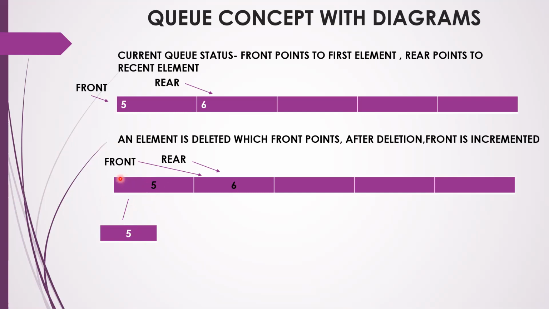Whichever element the front is pointing to, that element will be deleted and the front will be incremented. First you have to delete it and then you have to increment the front. So you will delete 5 and you have to point the front to the 6, that is index 1. Okay.